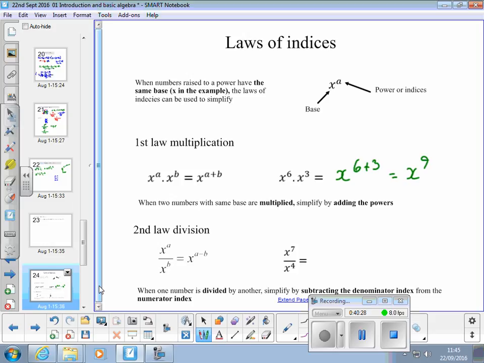So here x to the 7 over x to the 4 becomes x to the 7 minus 4, equals x to the 3. So if we have one number divided by another number, we subtract the denominator index from the numerator index.